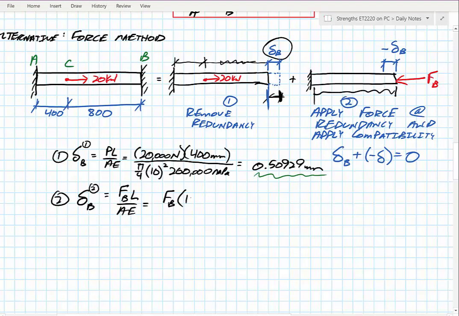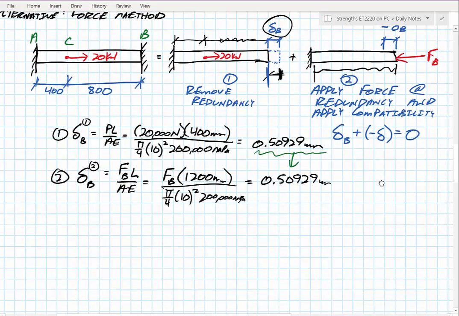So that's the entire 1200 millimeters over the cross-sectional area, pi over 4, 10 squared times 200,000 megapascals. And I know that this whole thing, because of this compatibility, must be equal to 0.50929 millimeters. Those are rigid supports. So I'm just bringing that straight down and saying that is my compatibility condition.